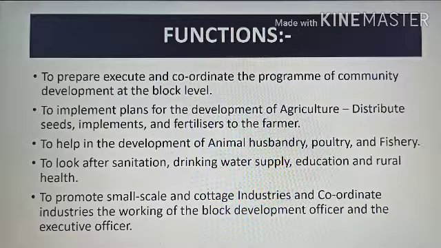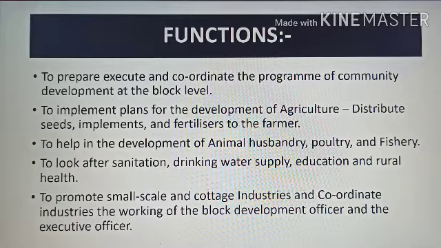Okay, now let's have a look at the functions of the Panchayat Samiti. To prepare, execute and coordinate the programs of community development at the block level. So overall development of the community is the first aim or the first function of the Panchayat Samiti. To implement plans for the development of agriculture, distribute seeds, implements and fertilizers to the farmers so that production through agriculture is maximum.